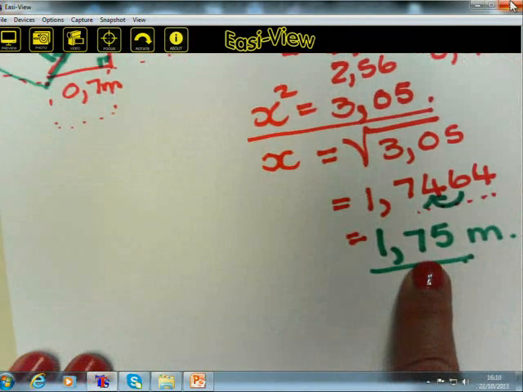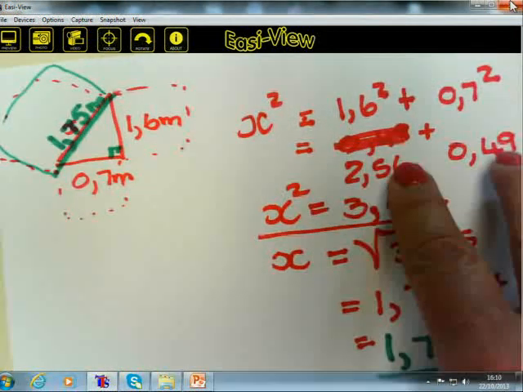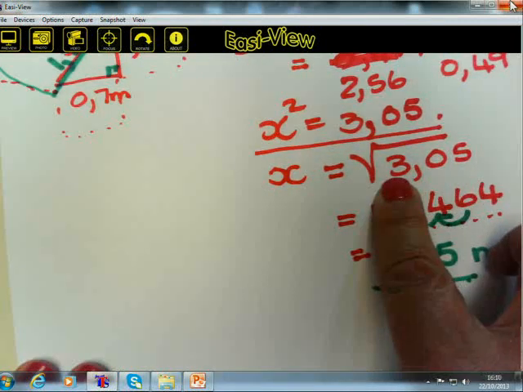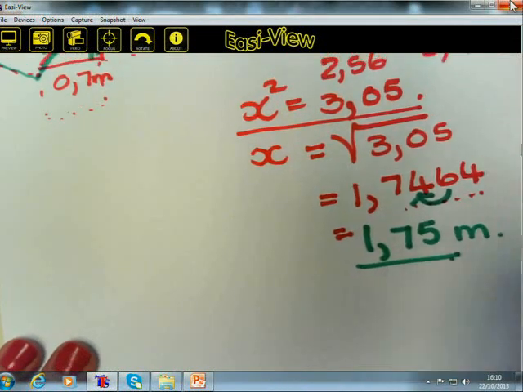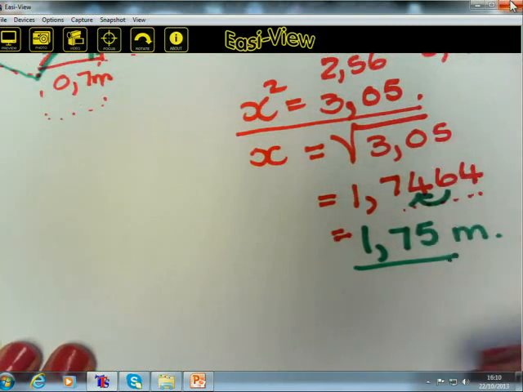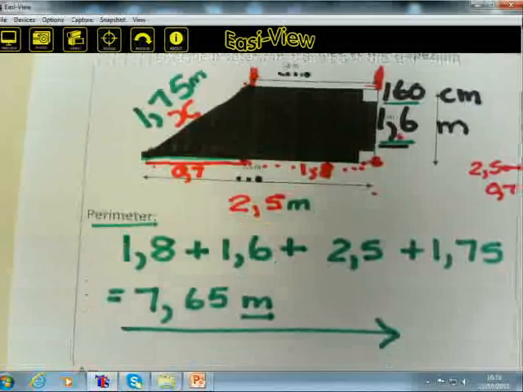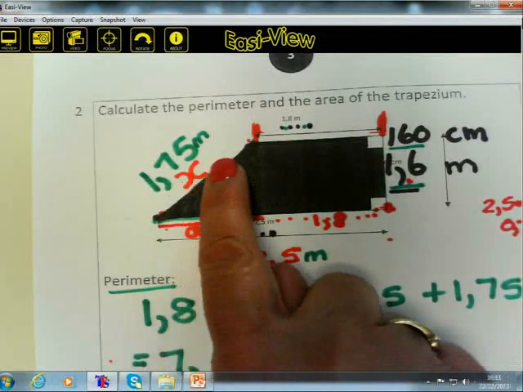That gave us 1,75. We had to square them, add them, square root them back, and round it. So there were quite a lot of calculations that we had to do there. So we got 1,75 for the hypotenuse.